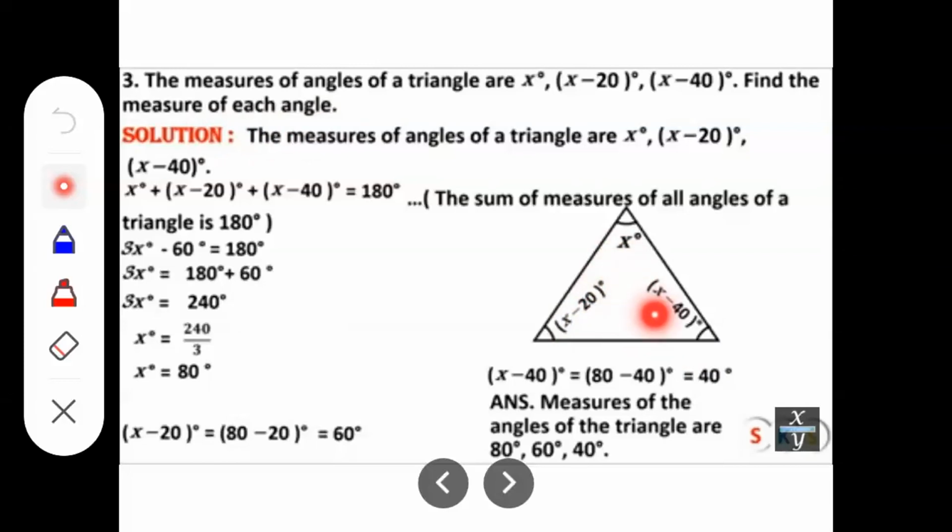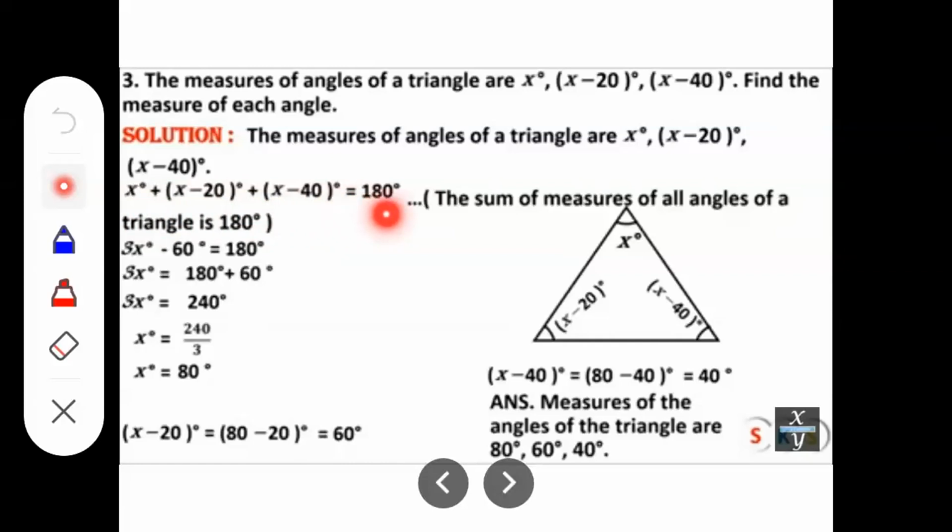So again with the same property, that the sum of the measures of all angles of a triangle is 180 degree. We have to use that property and add all values. So x degree plus x minus 20 degree plus x minus 40 degree together is 180 degree.